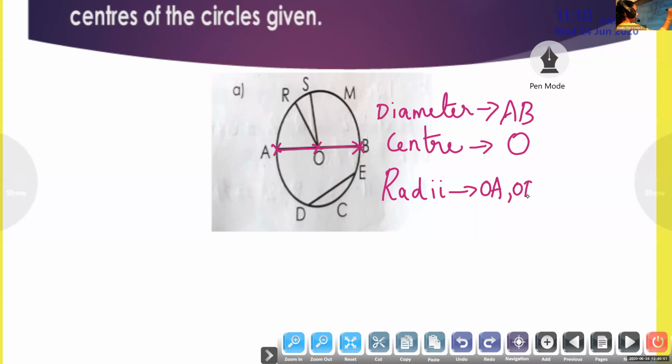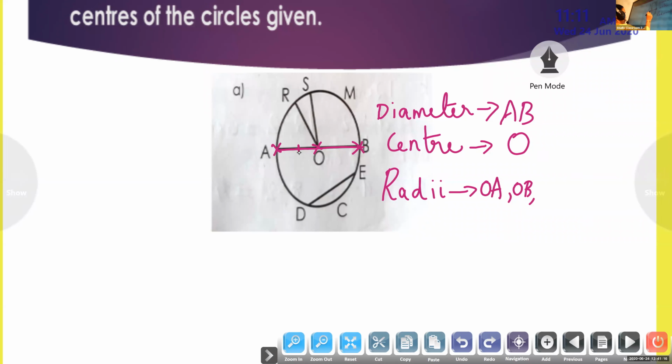Now don't say. Okay. Now I will call another one. Niranjana, can you identify more radii from the picture? O, A. Very good.